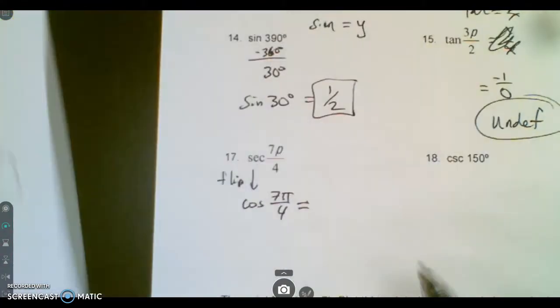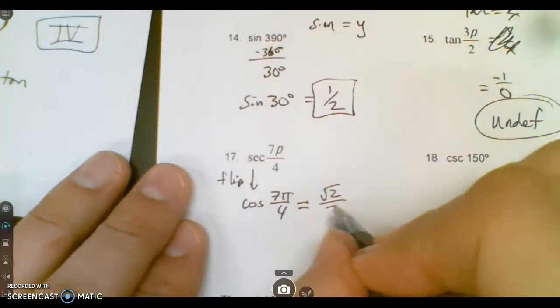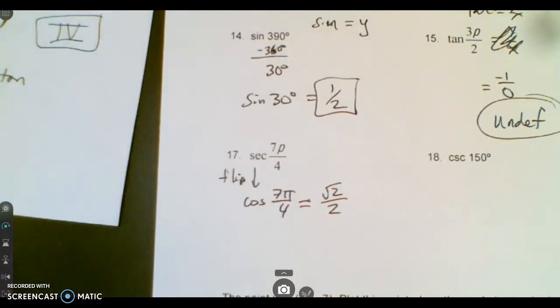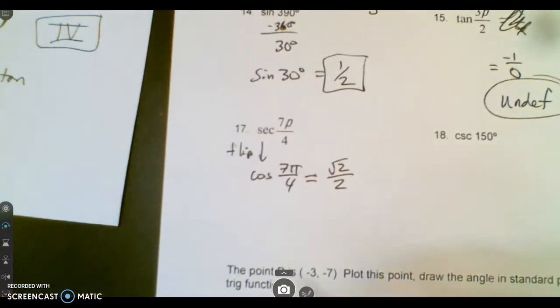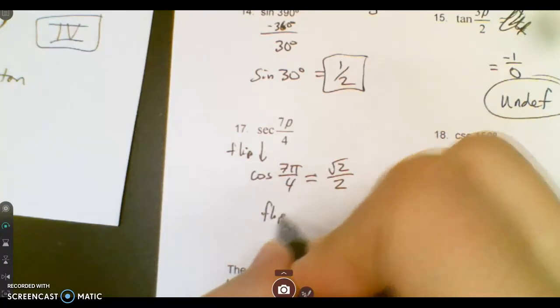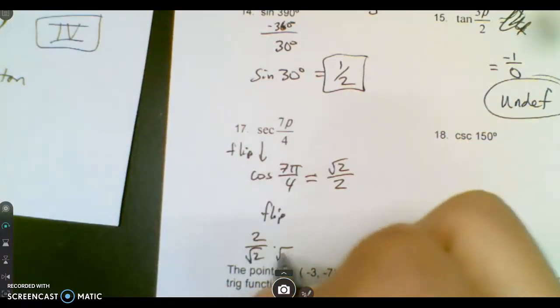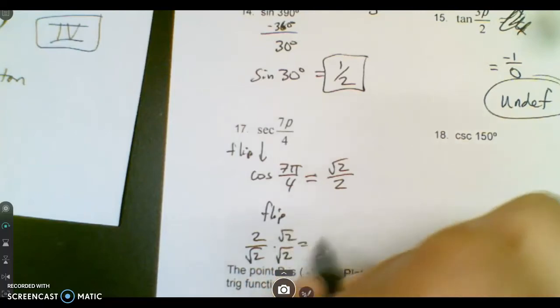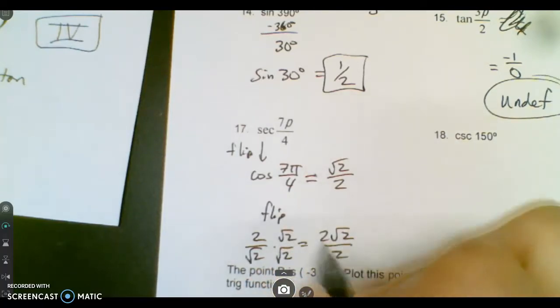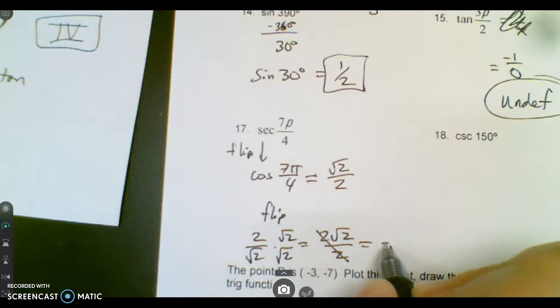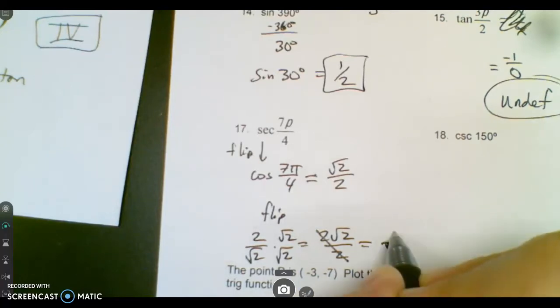There it is, radical 2 over 2. Okay, and now I have to flip that. So flip it. And I will get 2 over radical 2, which is ugly, and we got to fix it. And that cancels, and you get radical 2. Oops, not negative, just radical 2.